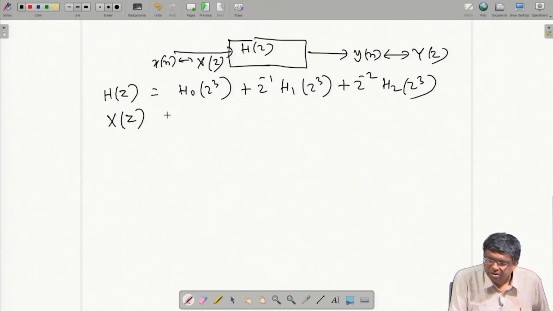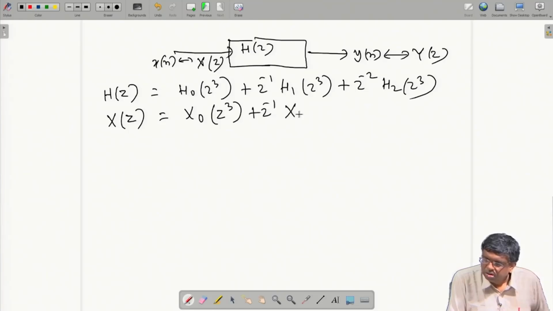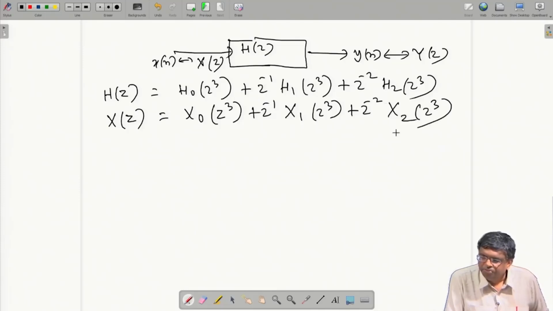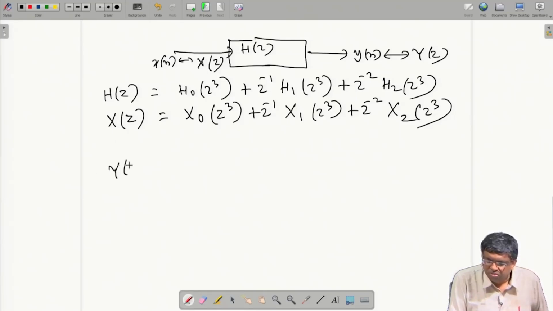x z is x 0 z to the power 3 plus z inverse x 1 z to the power 3 plus z inverse to x 2 z to the power 3. Okay. If I multiply the two, I will get y z.